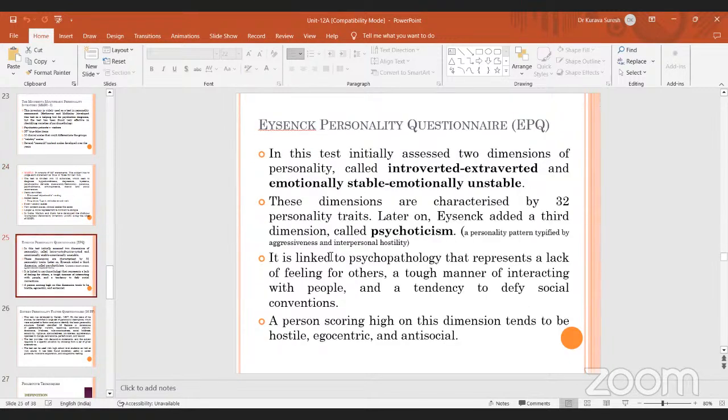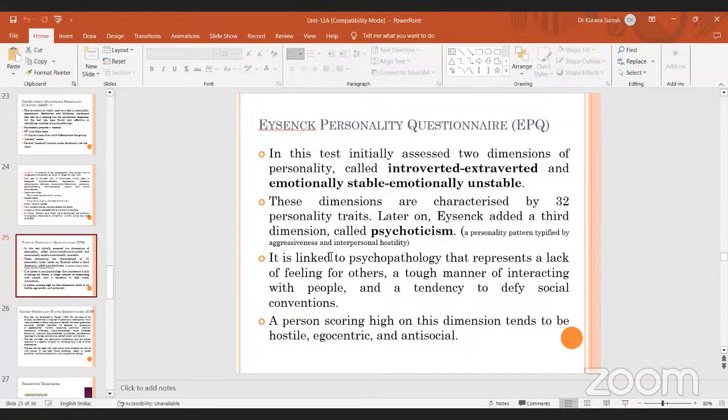Eysenck Personality Questionnaire. In this, there are two dimensions of personality: introvert to extrovert, and emotionally stable to emotionally unstable. These dimensions are characterized by 32 personality traits.